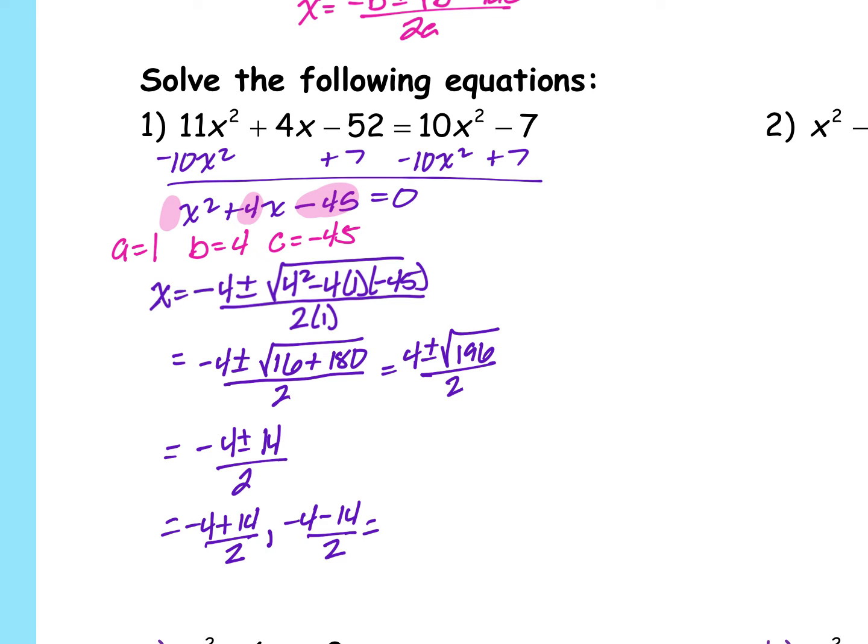Okay? So negative 4 plus 14 is 10, divided by 2 is 5. And negative 4 minus 14 is negative 18, divided by 2 should be negative 9. So there are my answers, 5 and negative 9.